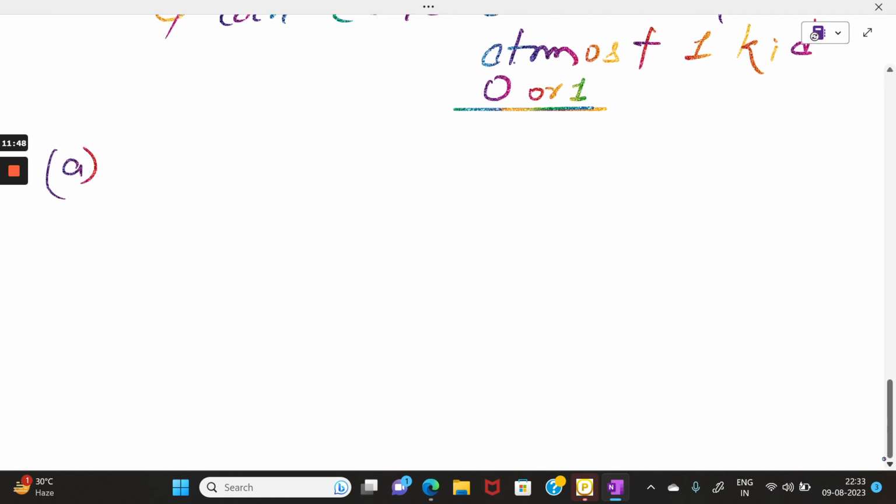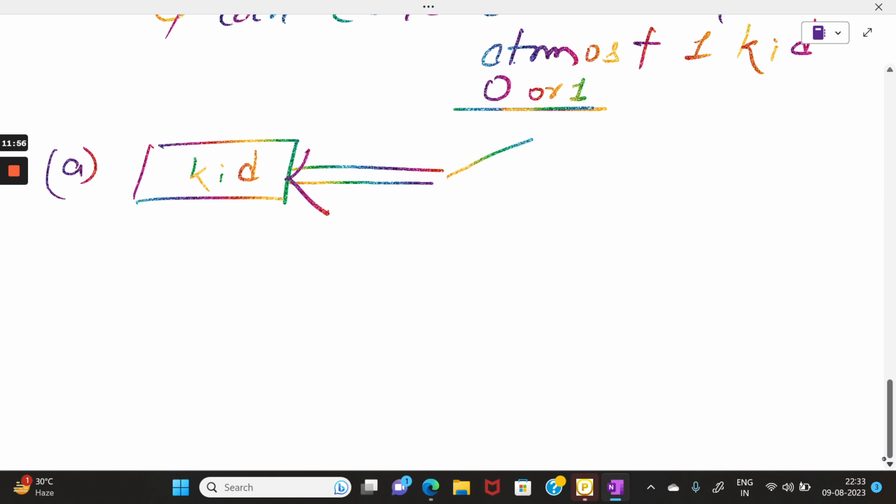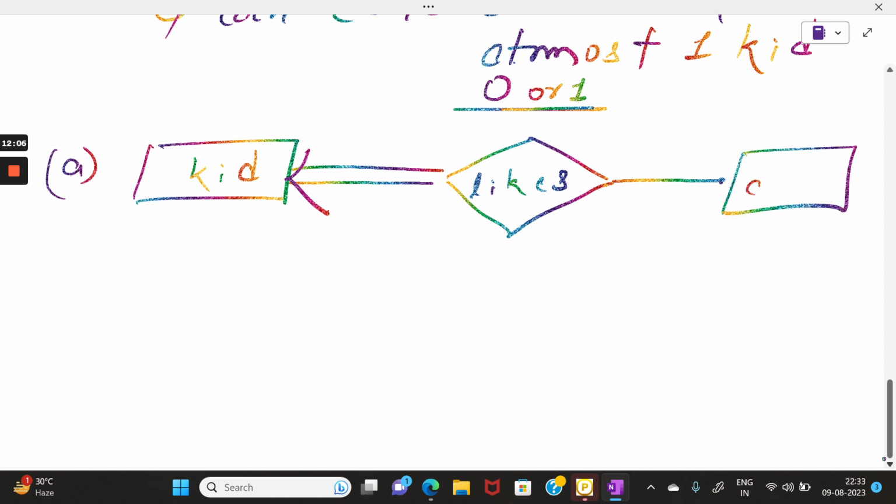So the options. We have this kid as one entity set, and this, you remember, is a relationship set, and this is the likes, and this is for the candies. Okay. So, when we talked about total and partial participation, right?